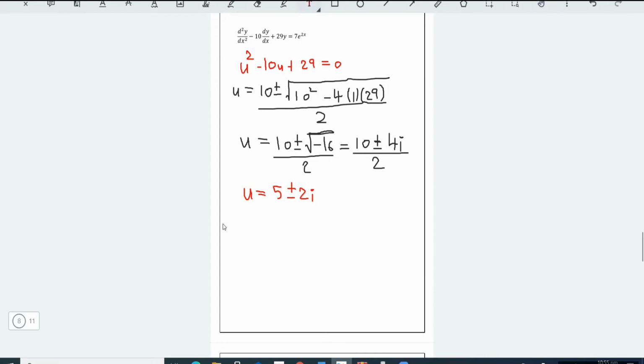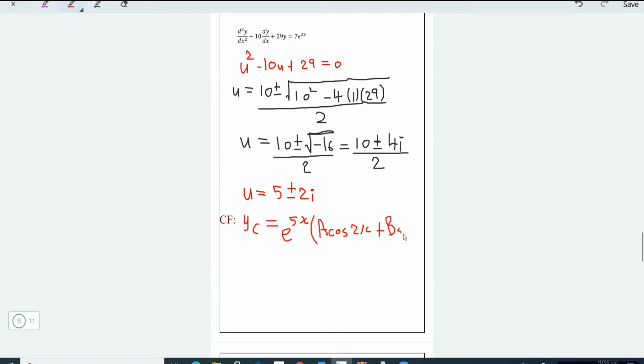So the complementary function CF, I like to call my complementary function yc, is going to be given by, remember, e to the real part times x, so it's e to the 5x times, in brackets, a times the cosine of 2x plus b times the sine of 2x.